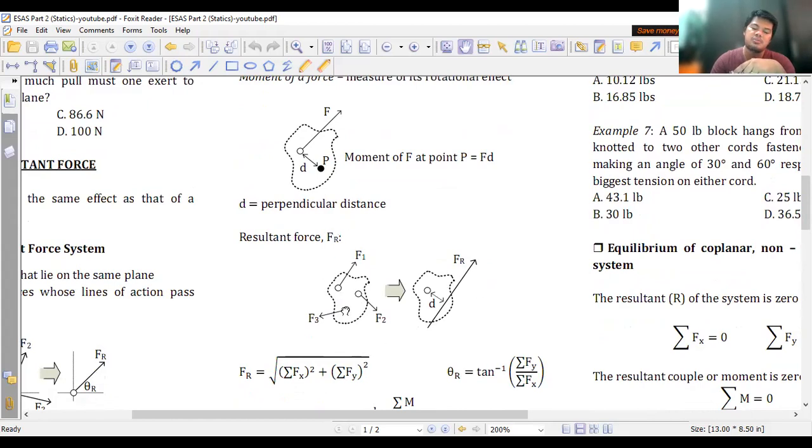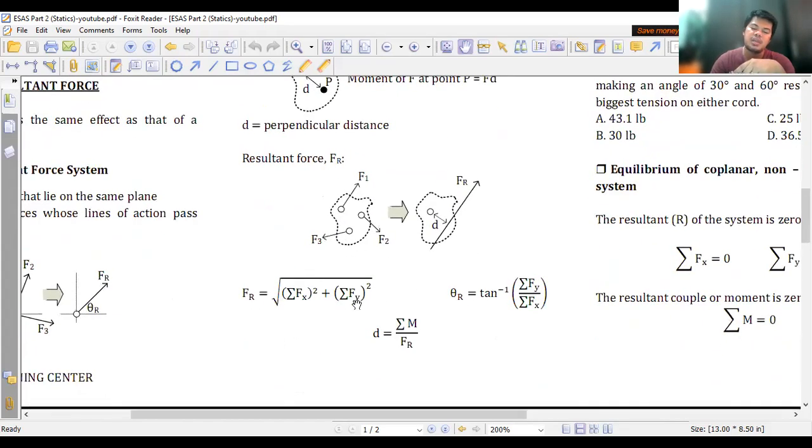Okay, and then the resultant force can be calculated using the same formula. And then we can calculate the distance d, that is the distance from the reference point.